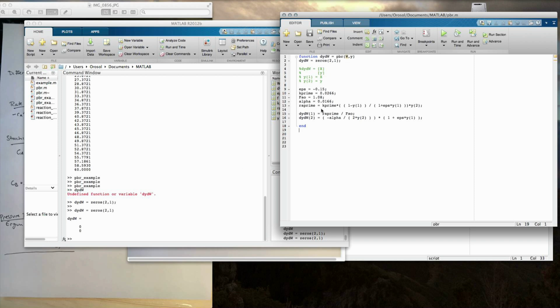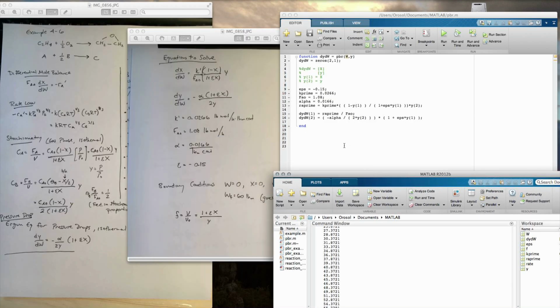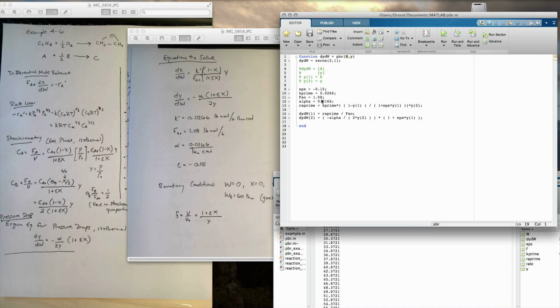And so then I put in the constants, and those were, epsilon was negative 0.15, k, FA naught, alpha, and then I calculated RA prime.